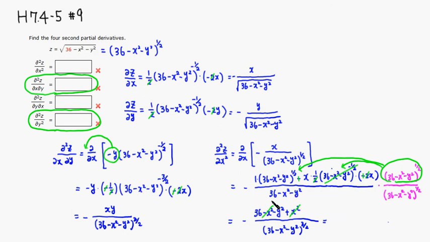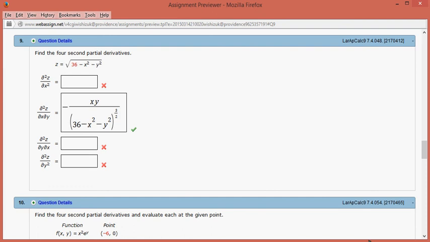So we end up getting negative, I'm going to actually distribute the negative. So you're going to get y squared minus 36 over 36 minus x squared minus y squared, to the 3/2 power. So let's type it in.